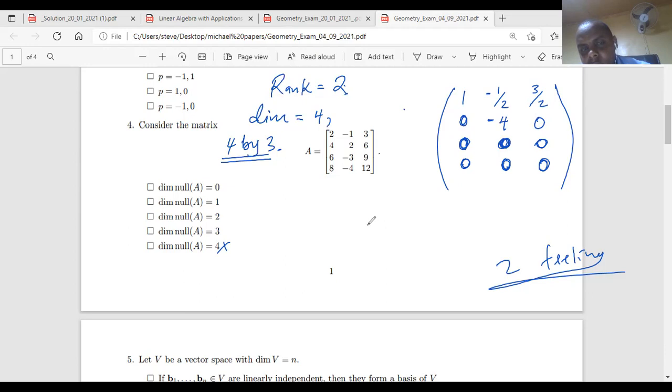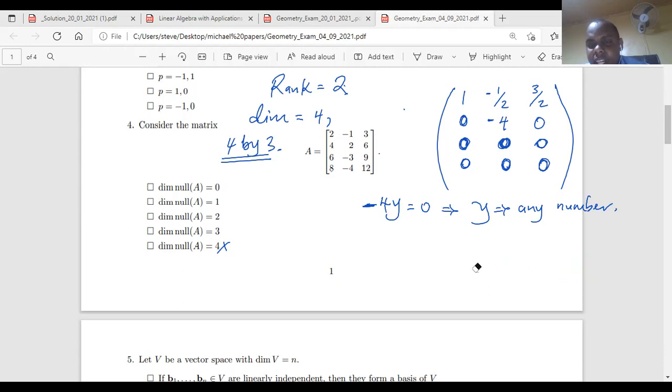Therefore, y equals 0. This means that y can be any number. Oh, yeah, true, it's free.